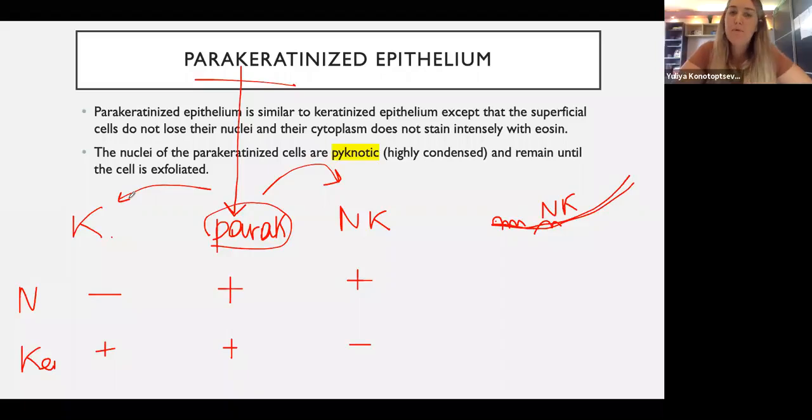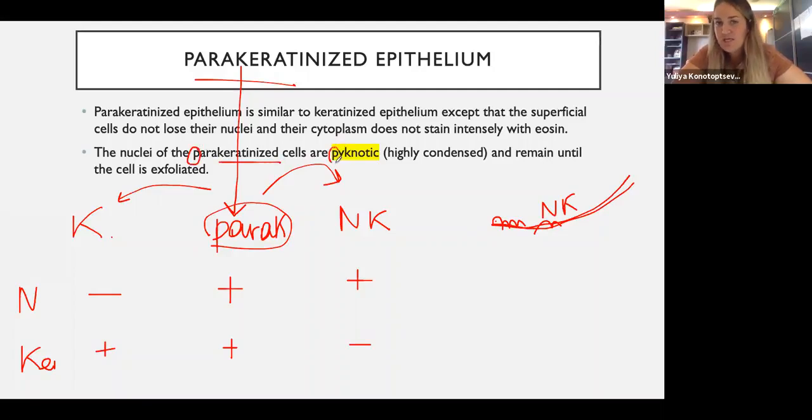Very important to remember, again, mnemonics are very useful. Para-keratinized epithelium possesses pycnotic nuclei, PP, okay? Para-keratinized epithelial cells have pycnotic nuclei. Pycnotic nucleus is a very dense nucleus.